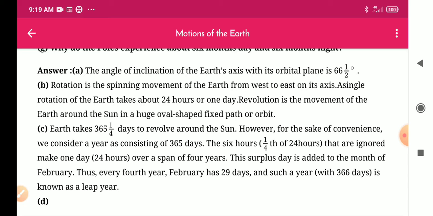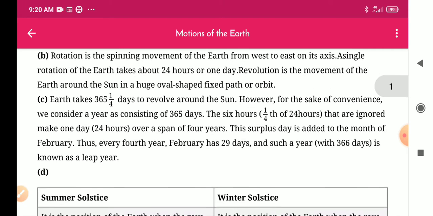The 6 hours (1/4 of 24 hours) that are ignored make 1 day of 24 hours over a span of 4 years. The surplus day is added to the month of February. Thus, every fourth year, February has 29 days, and such a year with 366 days is known as a leap year.